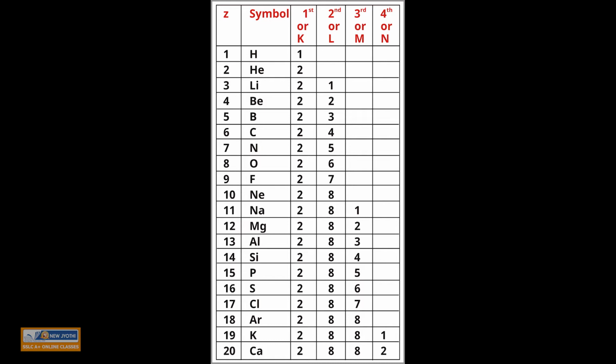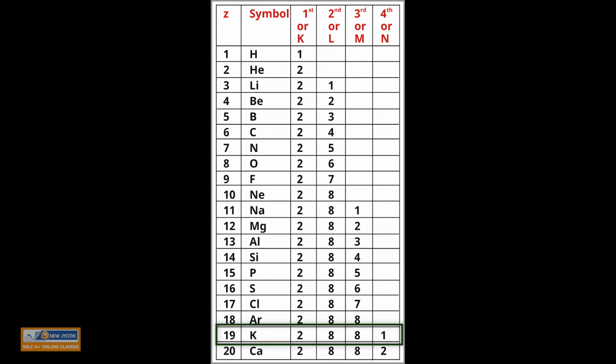So you can see sodium, magnesium, aluminium, silicon, phosphorus, sulfur, chlorine and argon. Up to argon, 8 electrons are filled. That is atomic number 18, argon, which has an electronic configuration of 2,8,8.